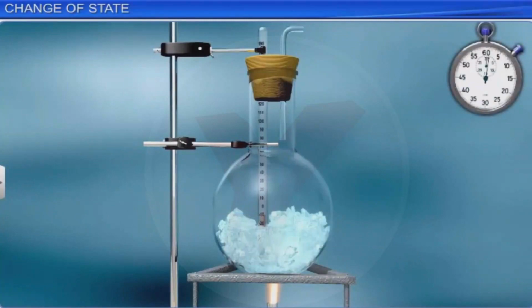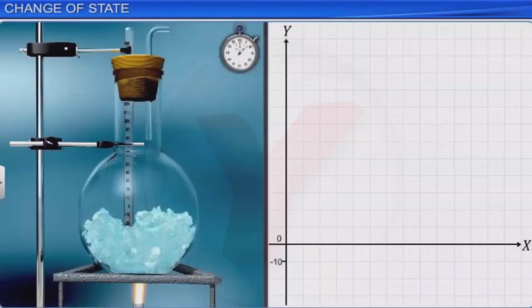Now, let us observe the change in the temperature of the contents and plot a graph between temperature along the y-axis and time along the x-axis, as it is an independent quantity. Initially, we observe a rise in the temperature of the ice as it absorbs heat energy. This continues till the ice attains a temperature of 0 degrees Celsius.